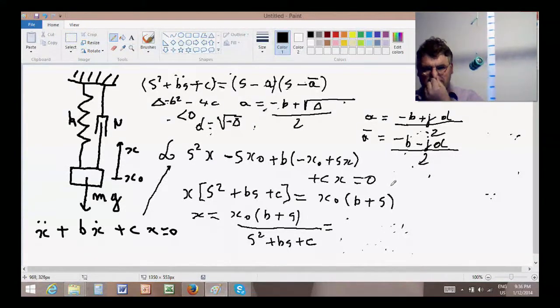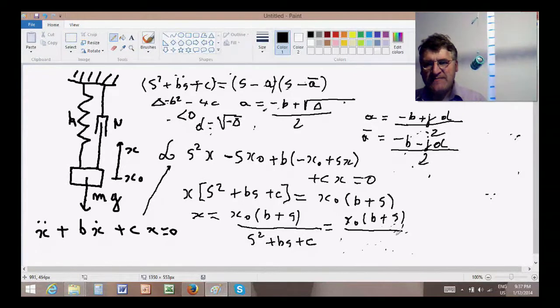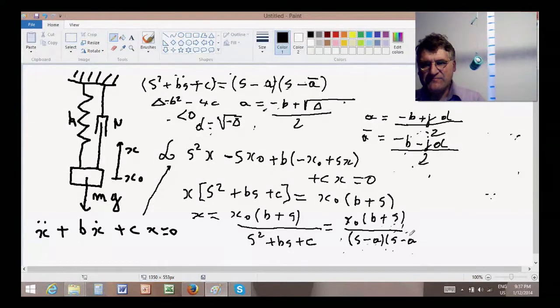In such a way that we can rewrite this as x0 times b plus s divided by s minus a times s minus a bar.